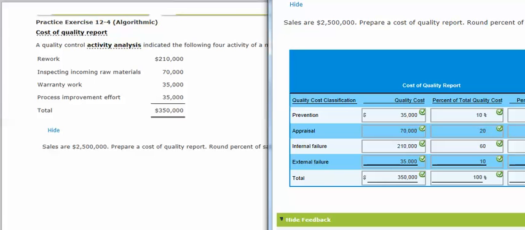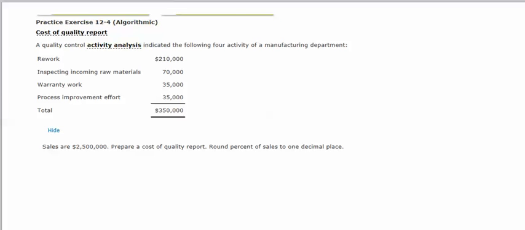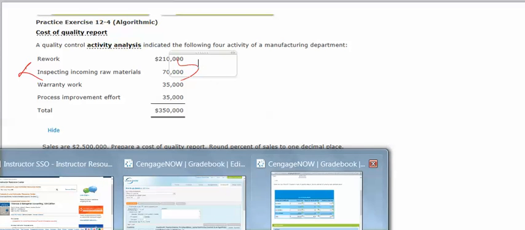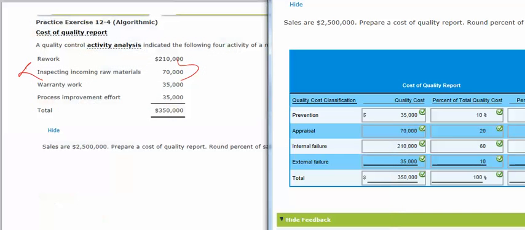Then we have appraisal costs, and the appraisal costs are those which are considered such things as inspecting. Those are our appraisal costs. So we would enter 70,000.